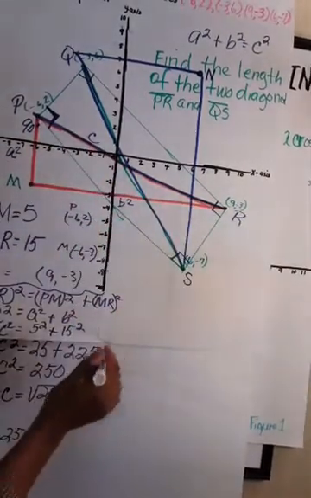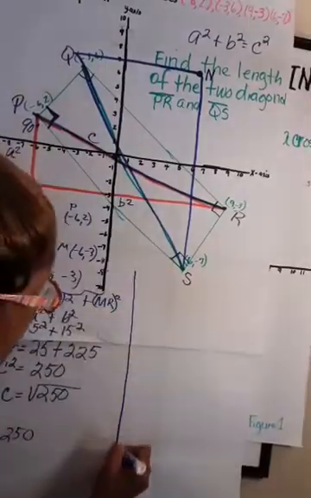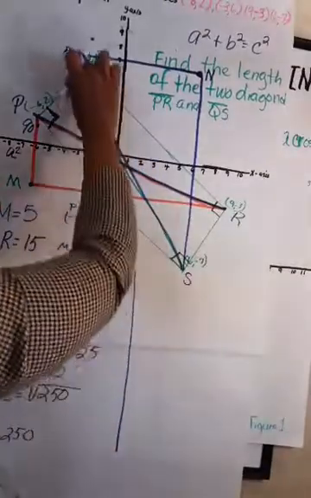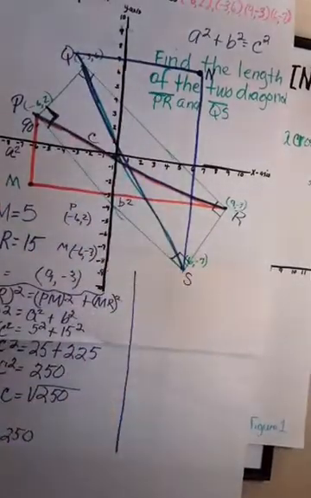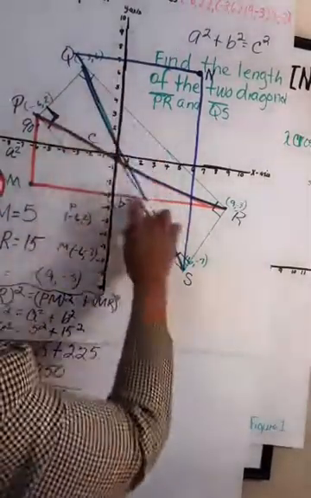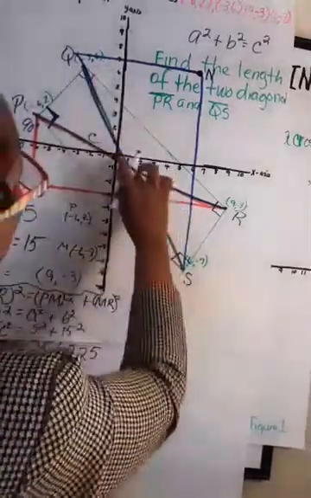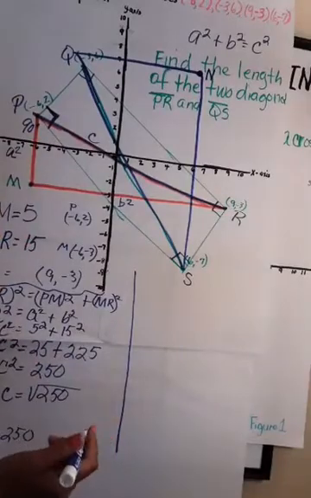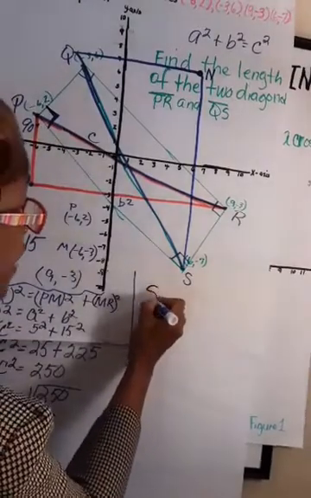We use this formula now over here to find this piece, because they're both intersecting or bisecting each other. So we've got to find both of them. They're crossing over.